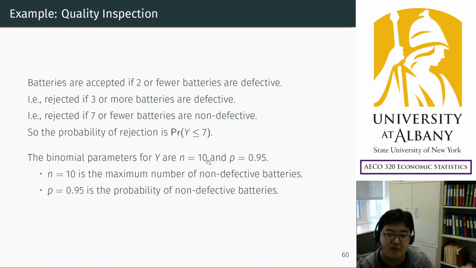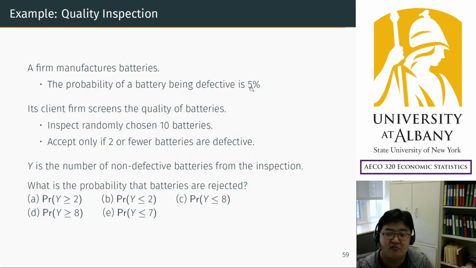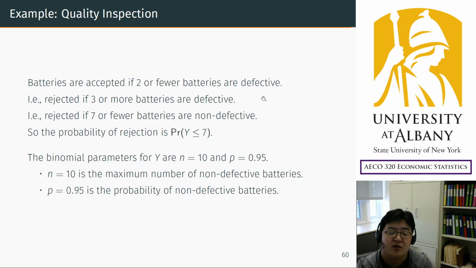That is one of the parameters, n equals 10. Success is non-defective batteries. So the parameter p is its probability, which is 95%, because the defective rate is 5%.